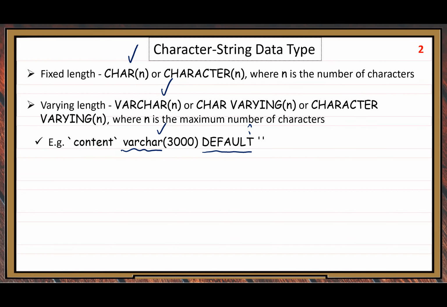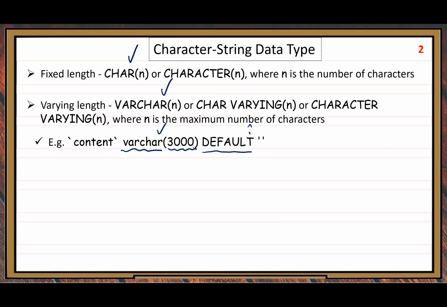Here you can see variable character, varchar, up to 3,000 characters. When you have more than that number of characters, truncation, you may lose your data. Be aware of that.